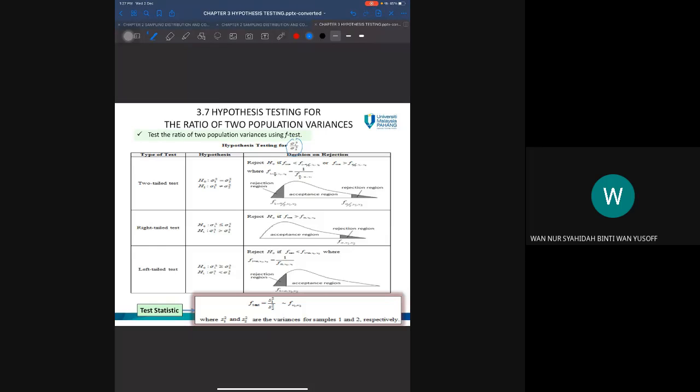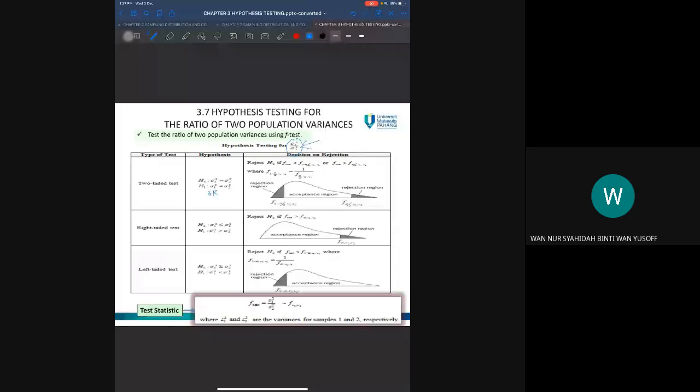For the hypothesis testing, how do we need to write it? You can write it in this form, sigma 1 square equal to sigma 2 square. Or you can write it in the form of a ratio.